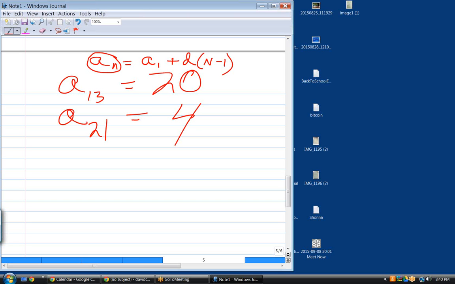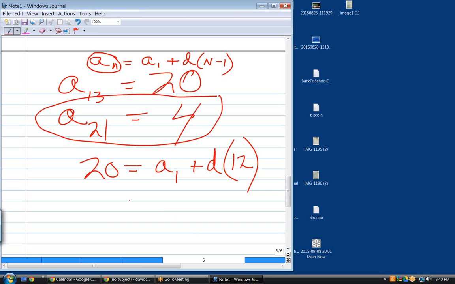And if I want to come up with the equation of this arithmetic sequence, this is what I would do. I would set this first one, 20 equals a sub 1, which I don't know, plus d, which I don't know, times 13 minus 1, which is 12. There's one equation and two unknowns. And then write a similar equation. If a sub 21 equals 4, same d, but now it's 21 minus 1, or 20.